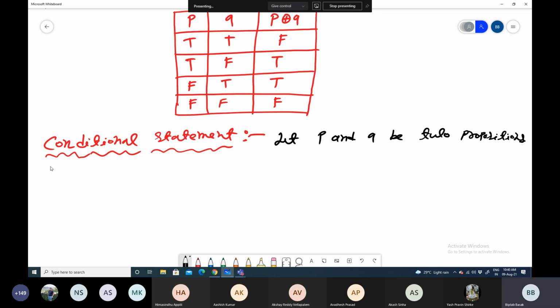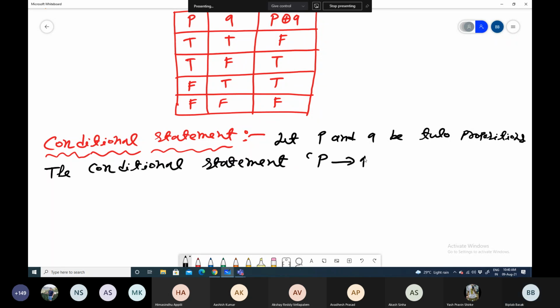Now the conditional statement, we write it as P arrow Q. You can read it as P implies Q, or if P then Q. It is the proposition: if P then Q.